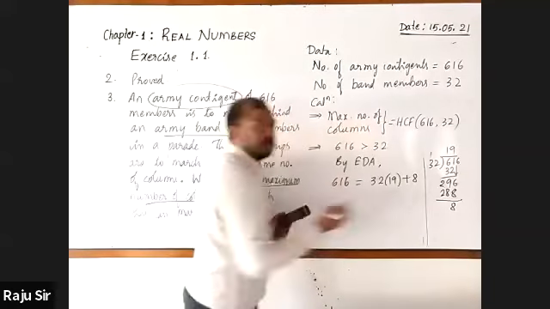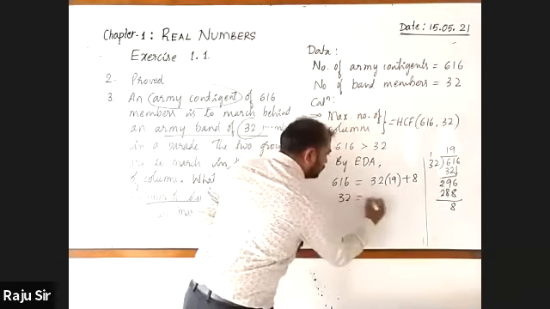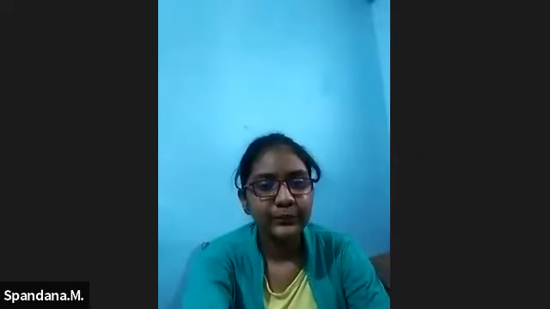Now, 8 is not equal to 0. Continue: 32 equals 8 times 4 plus 0. The remainder is 0. So the HCF of 616 and 32 is 8.